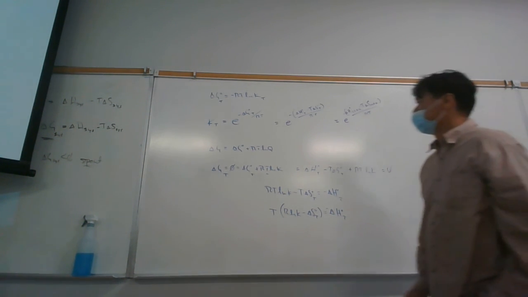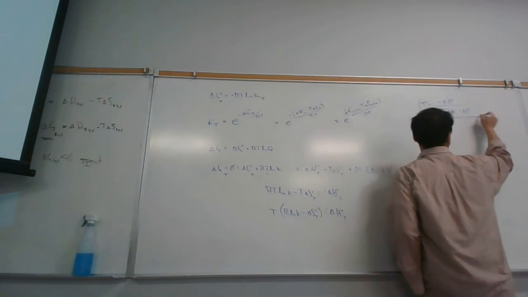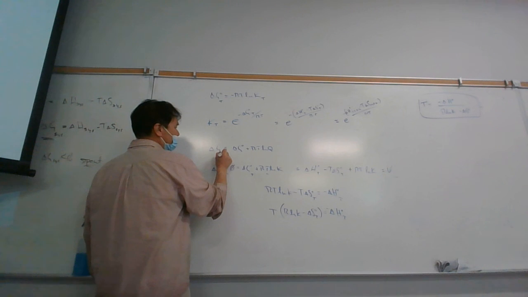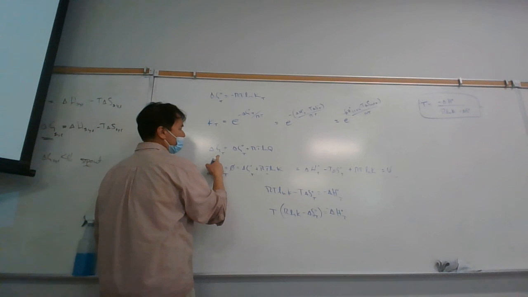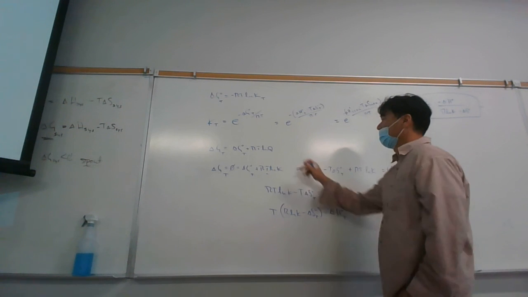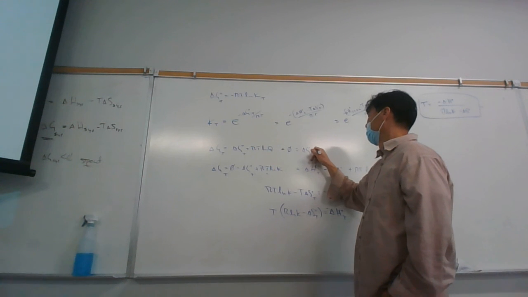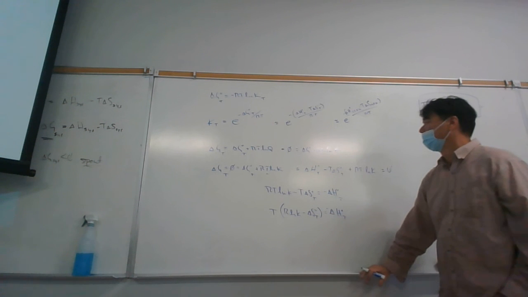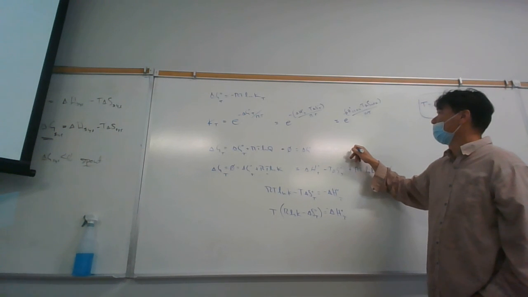So that's the equation here versus here. This is delta G naught at temperature T, delta G at temperature T. So if I set this one equal to 0, then this is equal to delta G naught plus RT ln of K, which gives me this equation here.